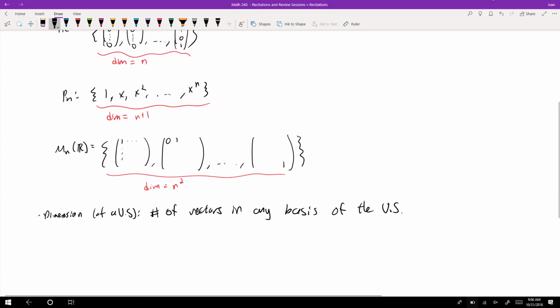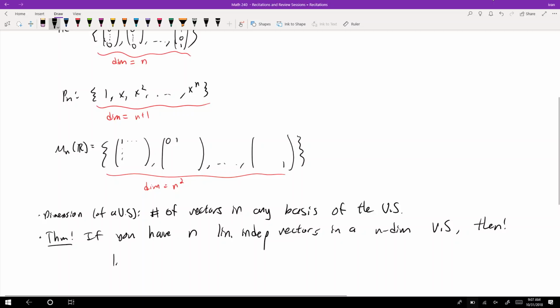The last thing is a theorem which says that if you have n linearly independent vectors in an n-dimensional vector space, then 1, they span the vector space, and 2, they form a basis for the vector space. Any questions about bases?